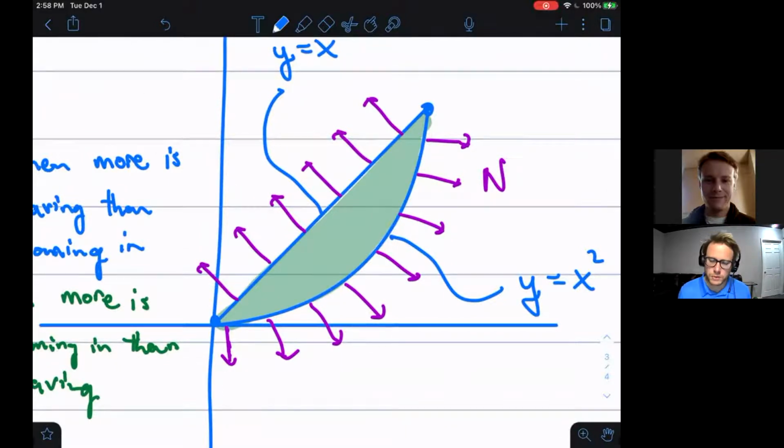Notice that all of these purple arrows are pointing a bit downward. Here they're pointing more downward, and here a little bit less downward and more off to the right, but all of them are pointing a bit downward. So outward and downward in this particular case are synonymous. They mean really the same thing for this curve.